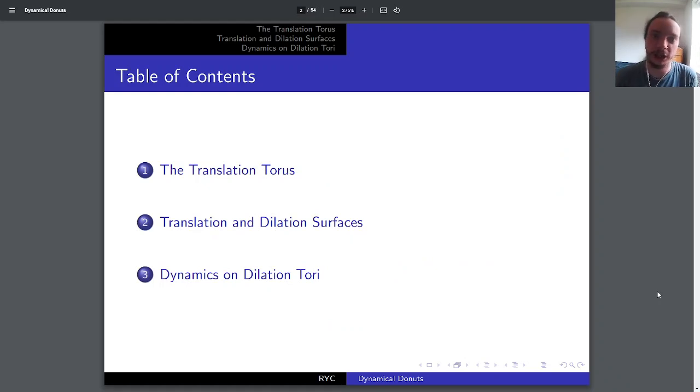So what are we going to be talking about today? Today we are going to be talking about 3 different topics. We're going to be starting by talking about the translation torus, and we're going to talk about the dynamics on a translation torus, and we're going to prove what happens.